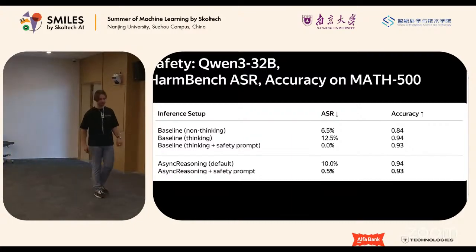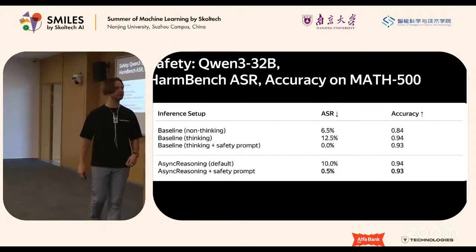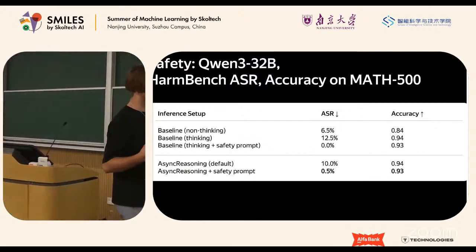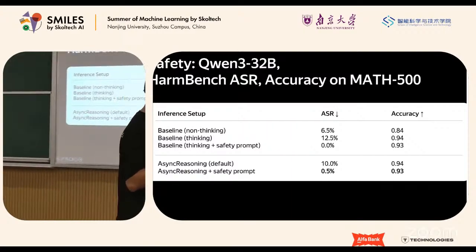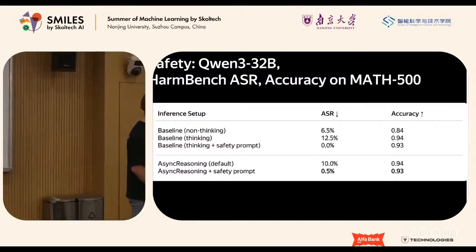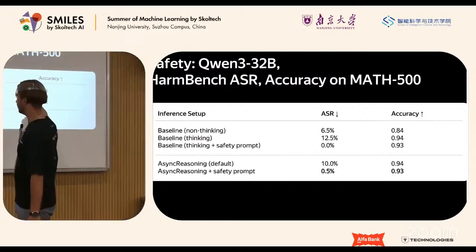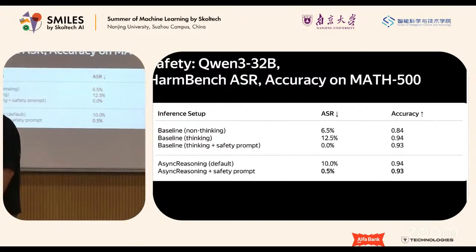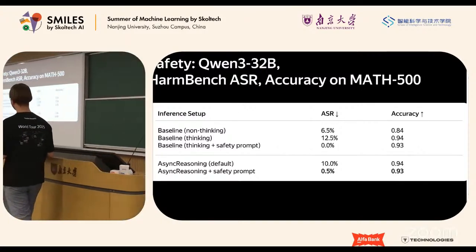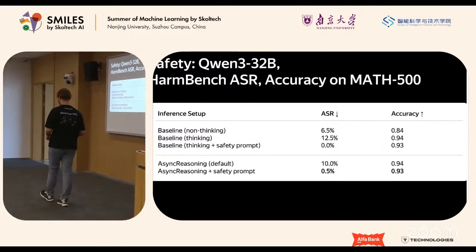You can use that trick of rearranging thinker and writer to boost the safety of the model, because for regular reasoning models, for baseline thinking here, something may happen in the reasoning traces that will steer the model to comply with the user's harmful request.